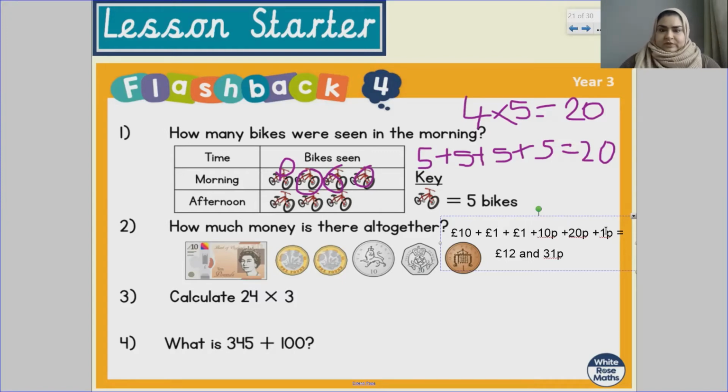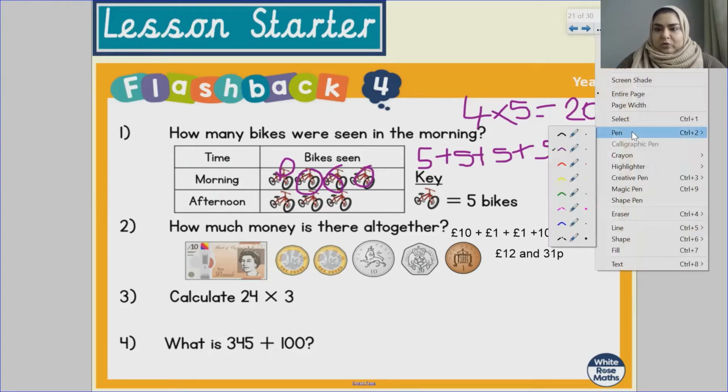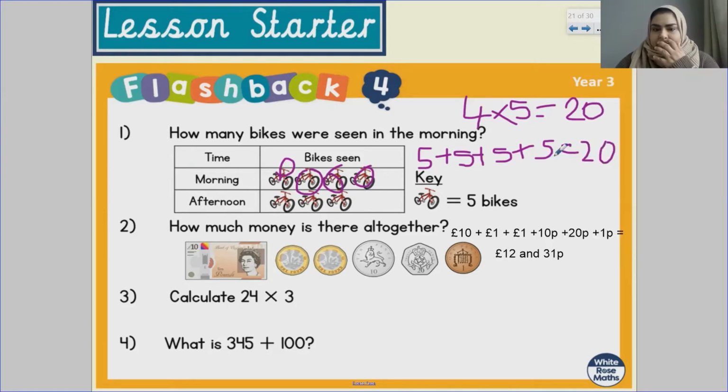Okay, so over here it says calculate 24 times 3. You could have done it 2 ways: the part whole model way, or the column multiplication way. With the part whole model, we split it, so 20 times 3, which gives you 60.